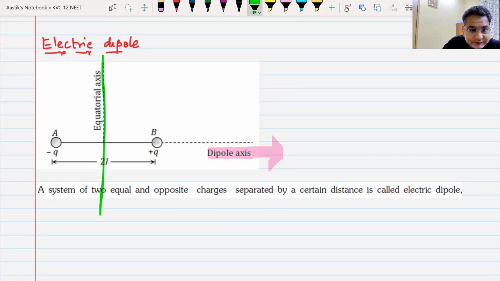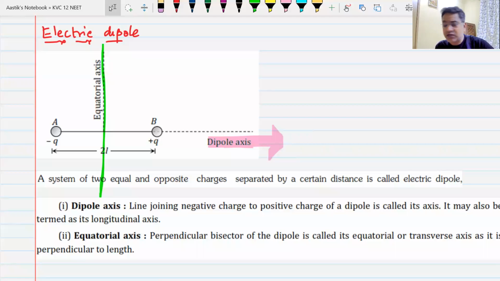What are the definitions of these two? They are simple things, not very complicated. Anyone knows the definition of a dipole axis? It is the same as it is seen. Dipole axis is the line joining the negative charge to the positive charge.